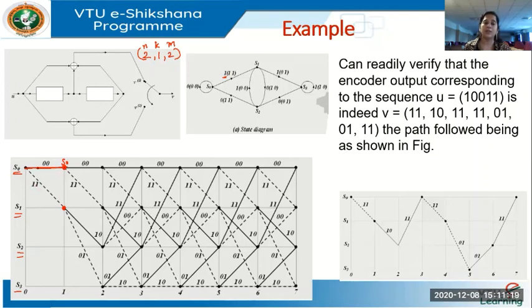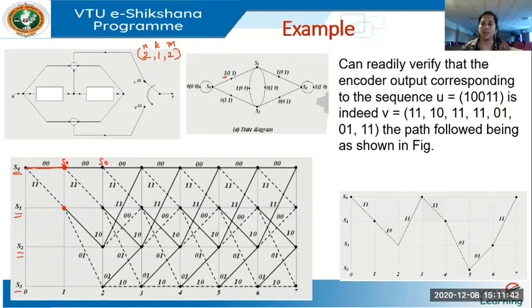Now, this completes our beginning. From S0, I can move either to state S0 itself or S1. Only 2 transitions, because you can either receive an input 0 or 1. Now the same thing repeats. From state S0, if I get a 0, I'll remain in S0.